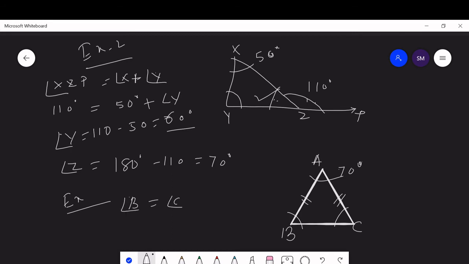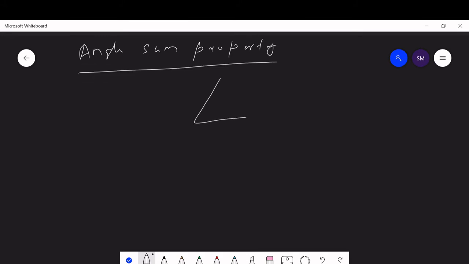Then according to the angle sum property, another property we have discussed, we proceed with this angle sum property of a triangle. What do we mean by the angle sum property? The angle sum property says the sum of the three angles in a triangle is always 180 degrees. Suppose ABC is a given triangle.